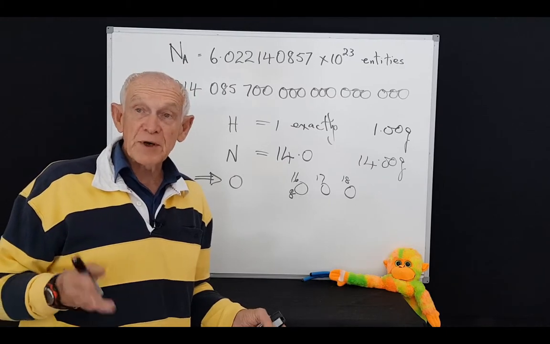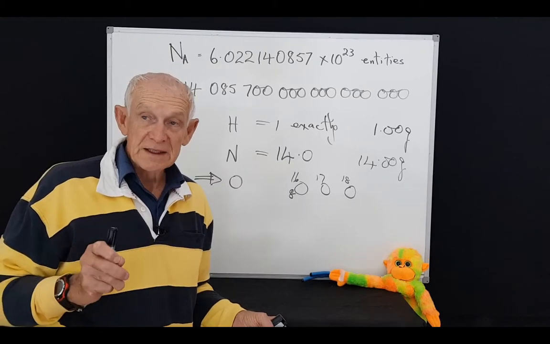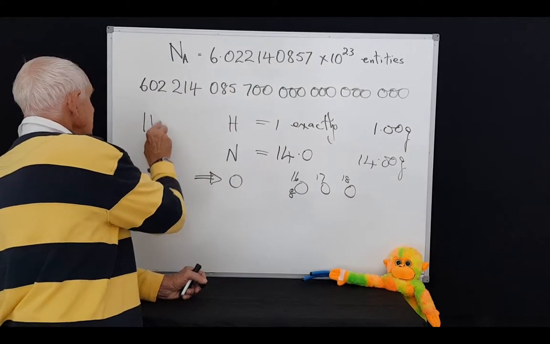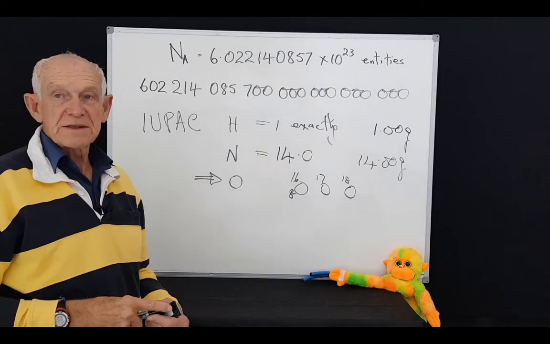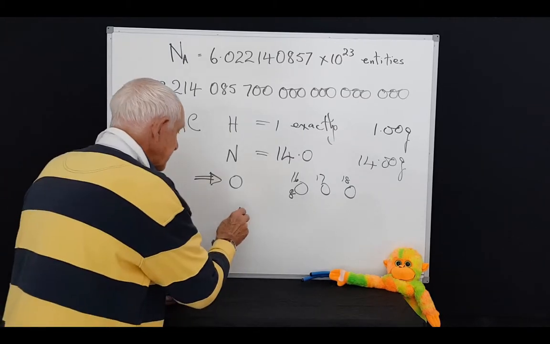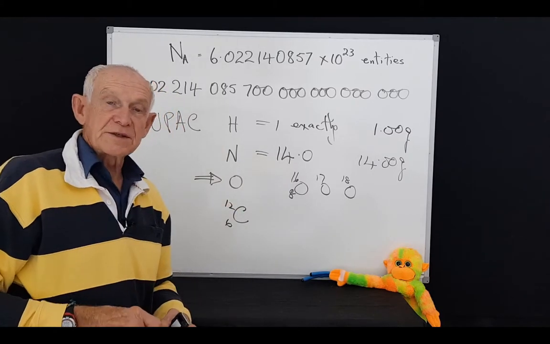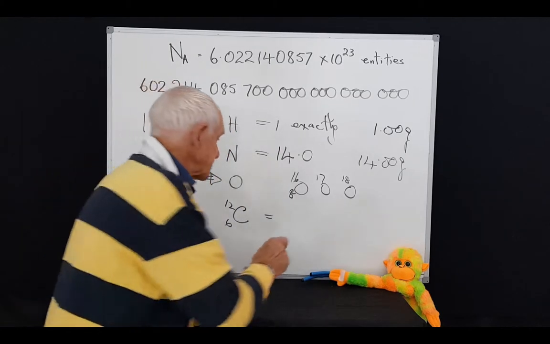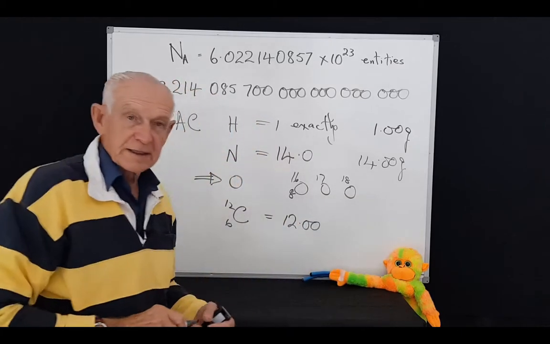So the governing body of chemistry nomenclature, standards, units, and so on, IUPAC, the International Union of Pure and Applied Chemistry, made a decision to base the standard on this scale of relative masses on something which doesn't vary, and that is the isotope of carbon, isotope 12, and decided that that should be assigned, on this scale, a relative mass of 12 exactly.